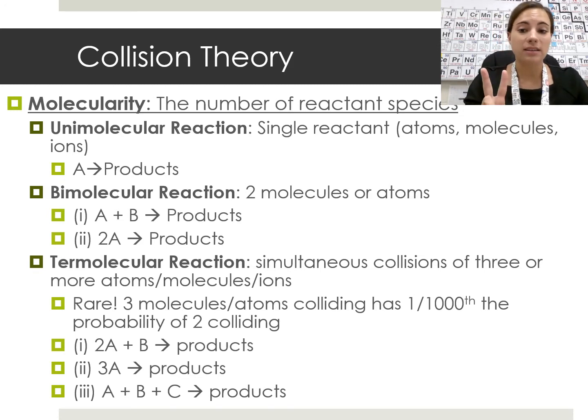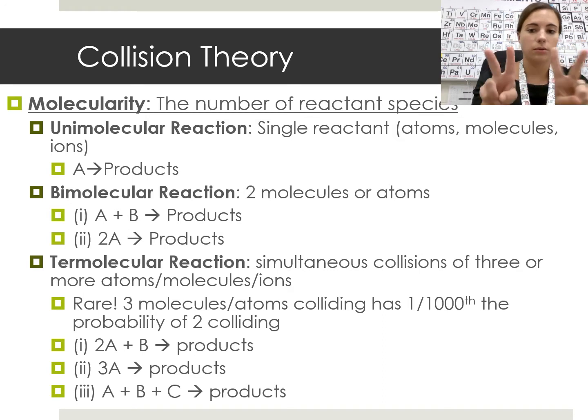Because to have two reactants, we could have two different substances, or we can have one substance, but we have two molecules of it that have to collide. And then finally, termolecular, where you would have three, and you can see the examples: two of one and then a different one, three of the same thing, or completely three different ones.